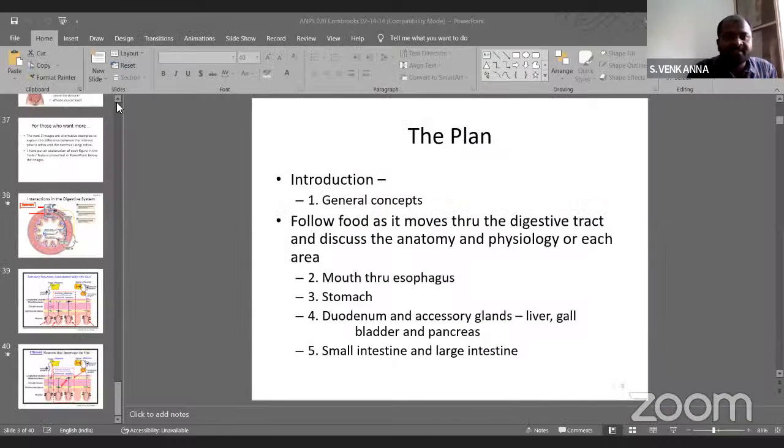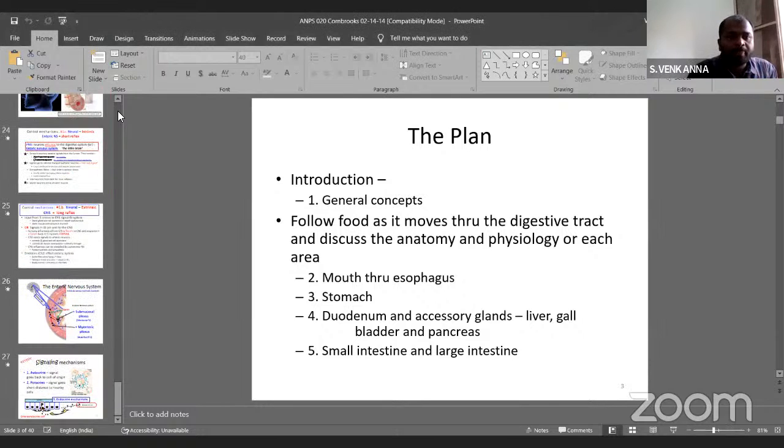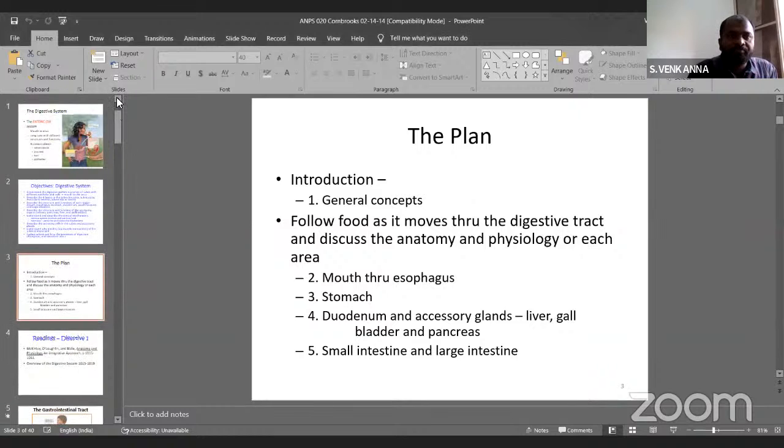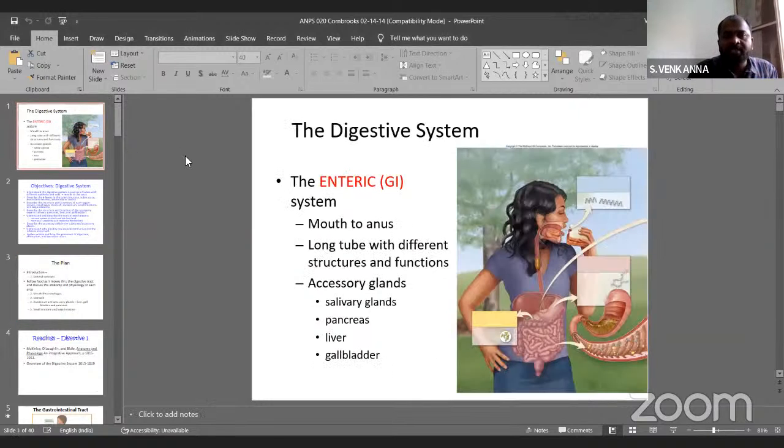You have seen the slide clearly. This is the digestive system.